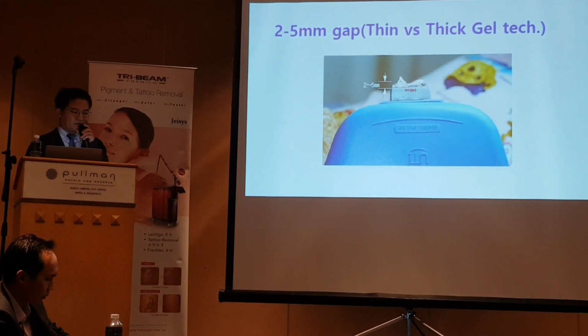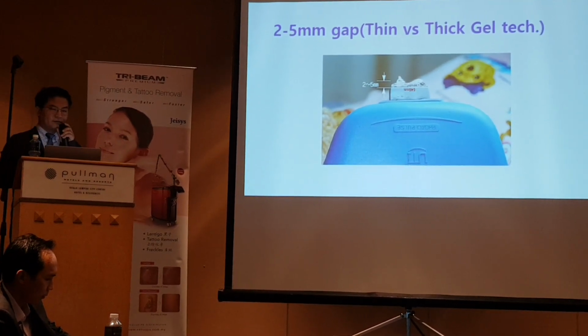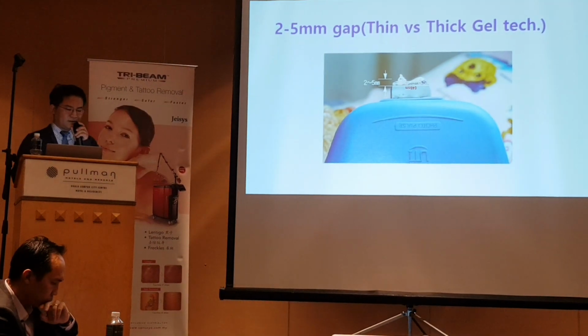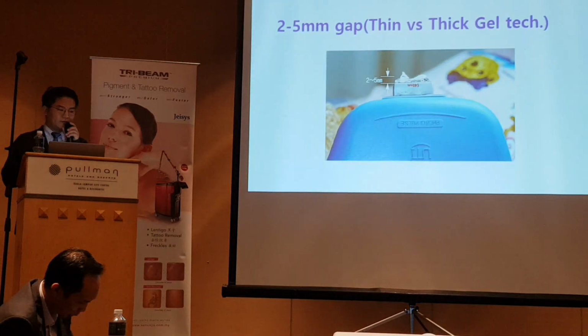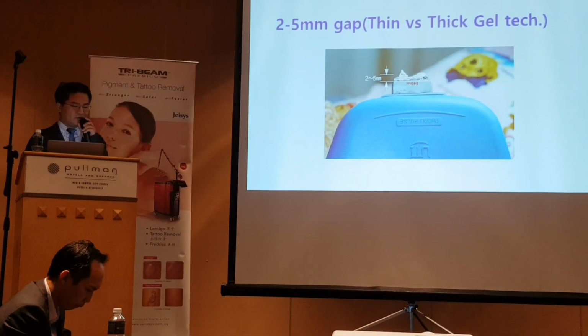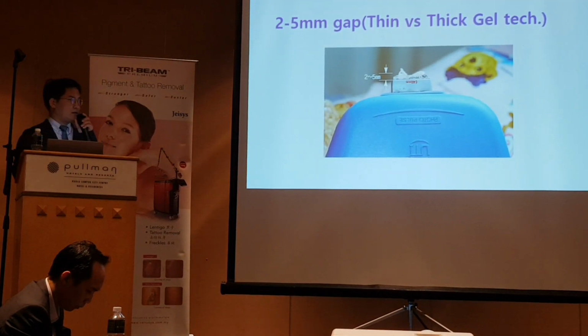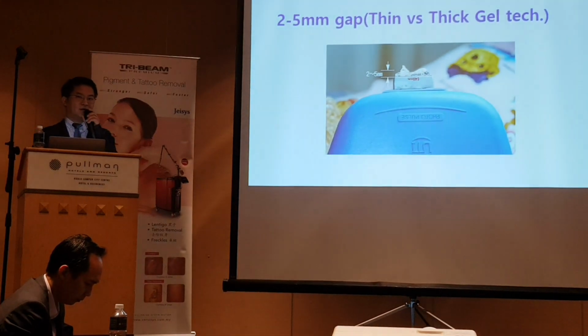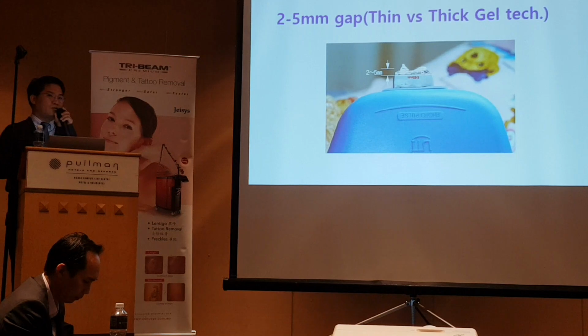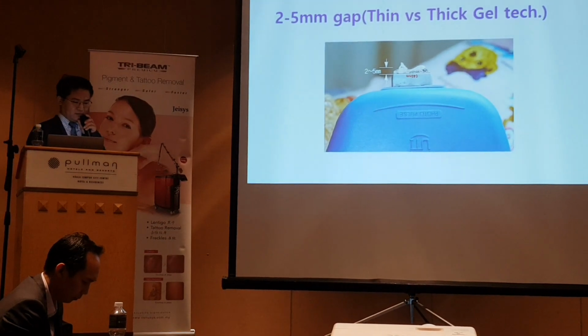Thick gel absorbs more heat, so it reduces the risk of burns. That is the heat sink effect during pulse. I use thick gel technique for post treatment and melasma or dark skin.